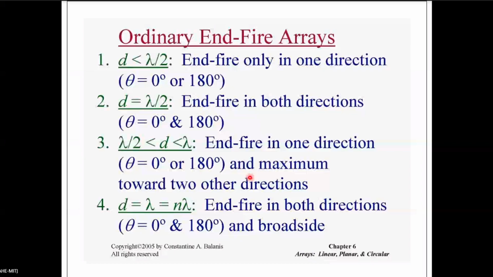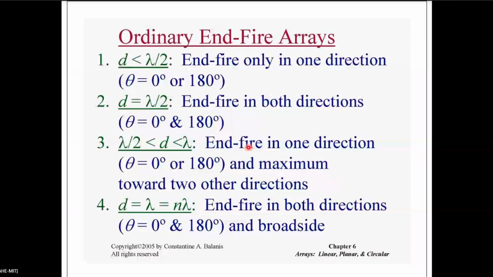So if d is less than lambda by 2, you get theta is equal to 0 degrees or theta is equal to 180 degrees. If d is equal to lambda by 2, you get both at theta is equal to 0 and theta is equal to 180 degrees. This is lambda by 2 end fire in both directions. Then lambda by 2 is less than d is less than lambda.